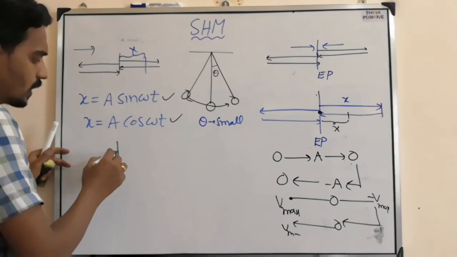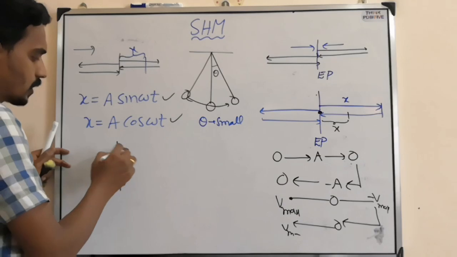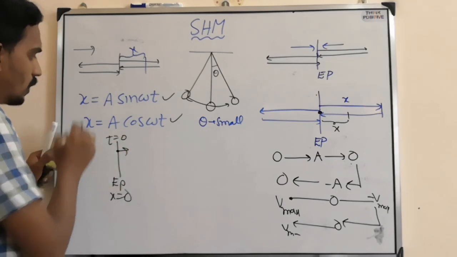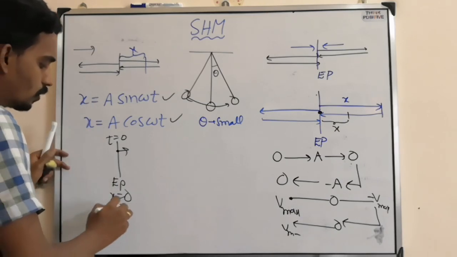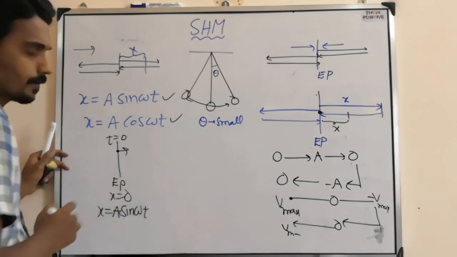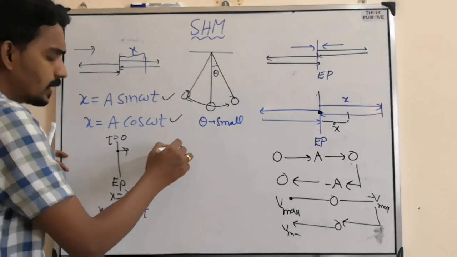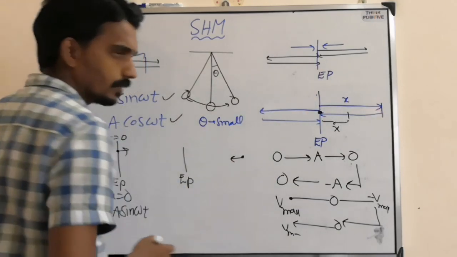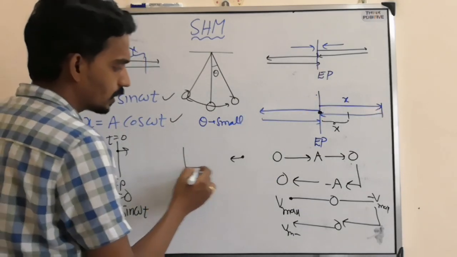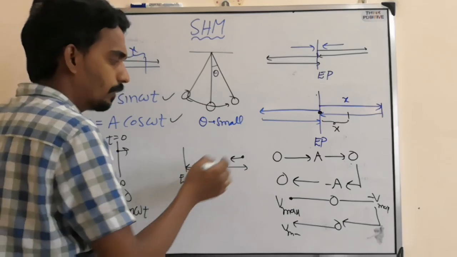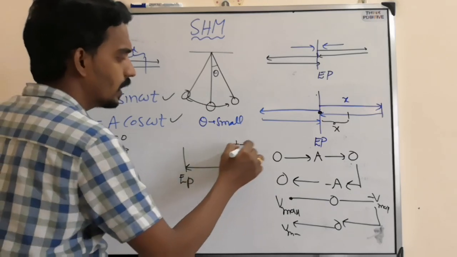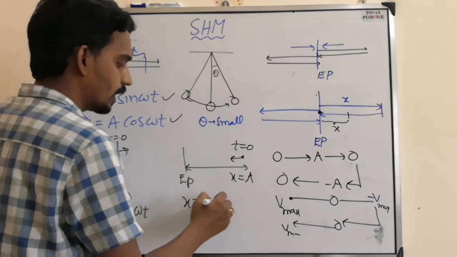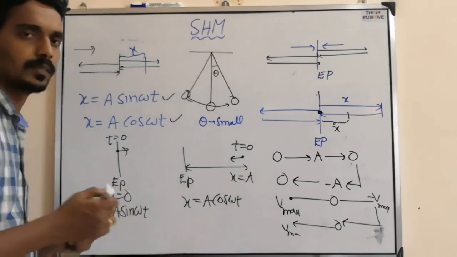If the particle starts from the equilibrium position, then at t equal to 0 the displacement is 0, and the equation is x equal to A sin omega t. If it is not starting from the equilibrium position but from the end position, where the displacement is maximum, then at t equal to 0, x is maximum, and x equals A cos omega t.